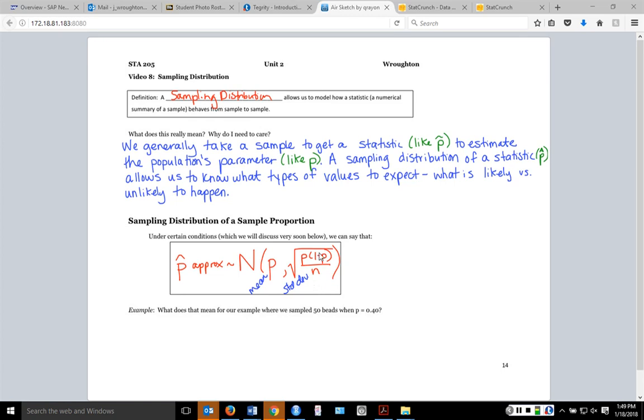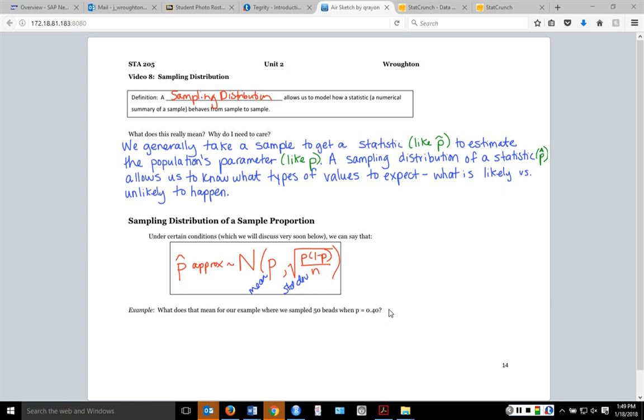It's not real important to understand where it comes from, but what you want to understand is how the sample size does actually make the standard deviation smaller. So what would that look like in our example where we sampled 50 beads when 40% of all of the beads were black?